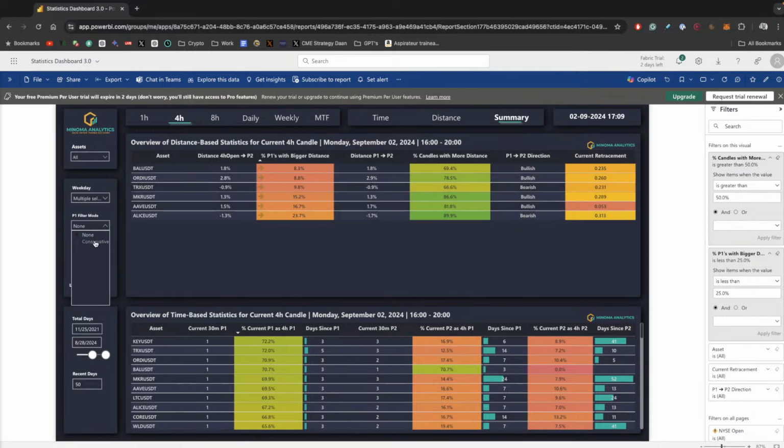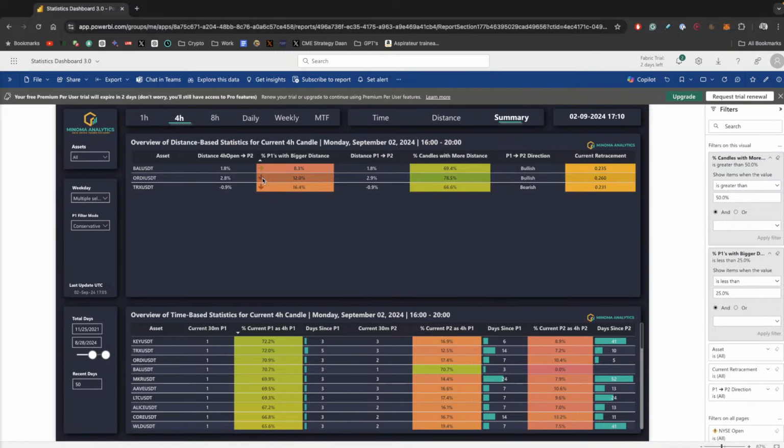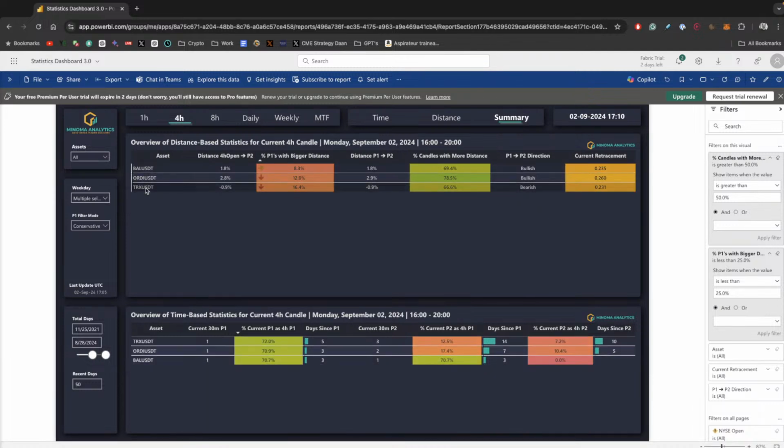And if we would press conservative, we would have a lot less. See? So there's a big difference in using conservative or normal. But all these look interesting, especially these.